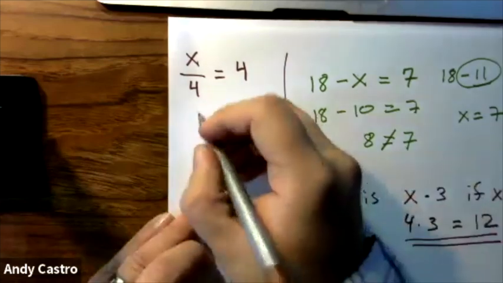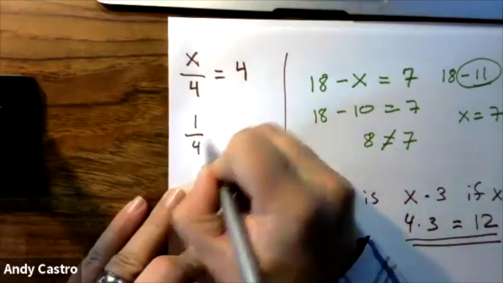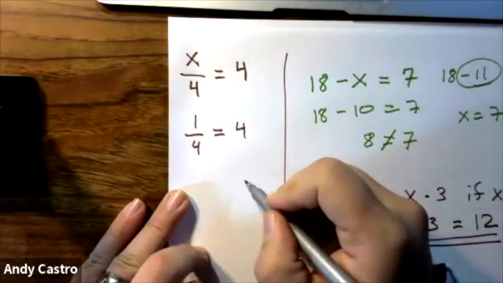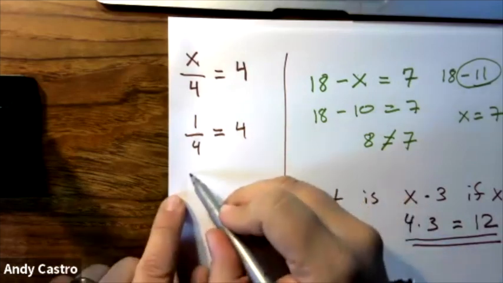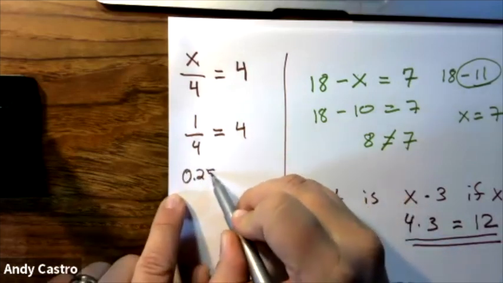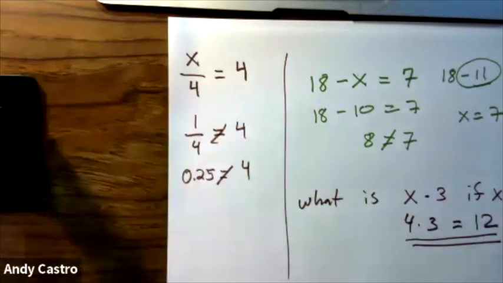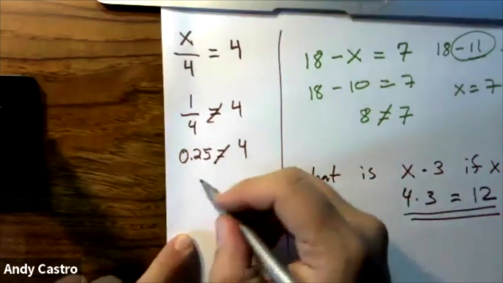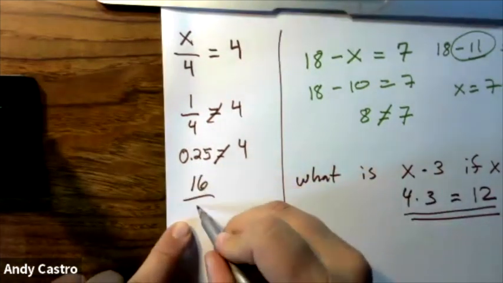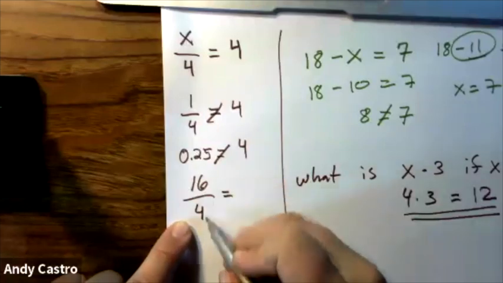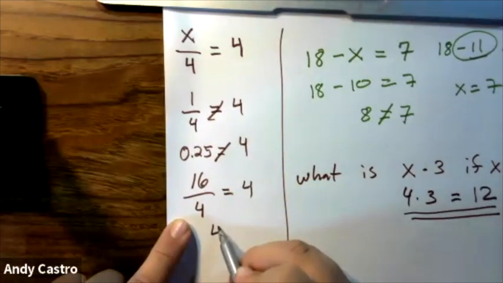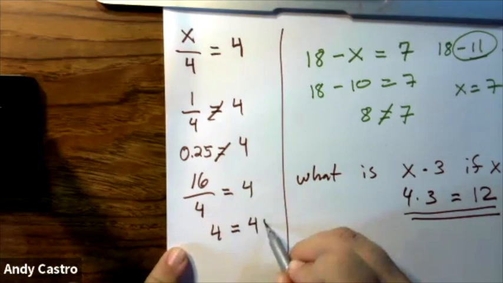So one of you said 1. If I do 1 divided by 4, does that equal 4? It doesn't. 1 divided by 4 is 0.25, and that is definitely not the same thing as 4. Someone said 16. 16 divided by 4 is 4. So that is the correct answer.